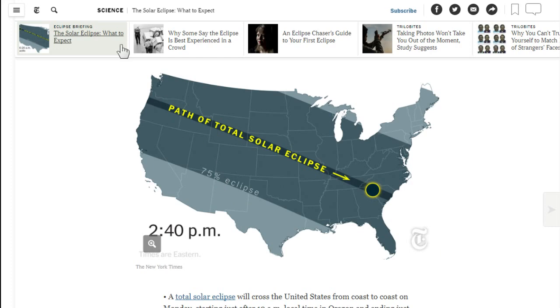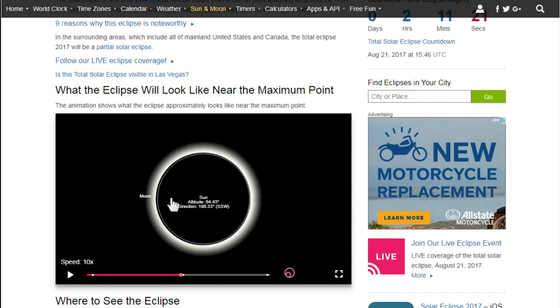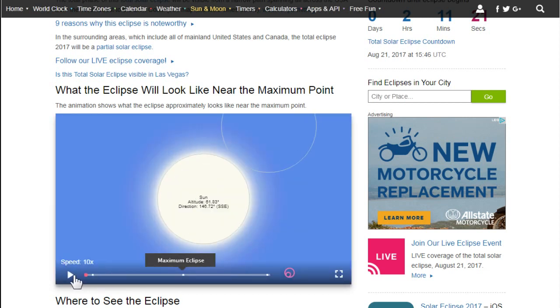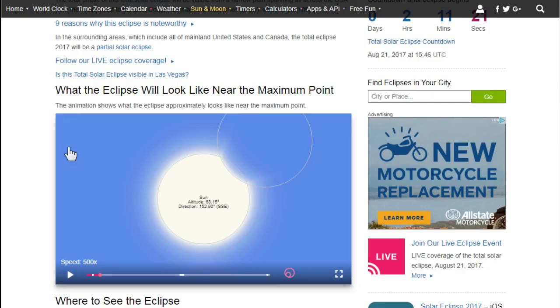And I'm going to demonstrate again by using the pictures. Everyone on Earth, if the moon, for example, was this far away, would see the eclipse happen this way, and we would all see it roughly around the same time.